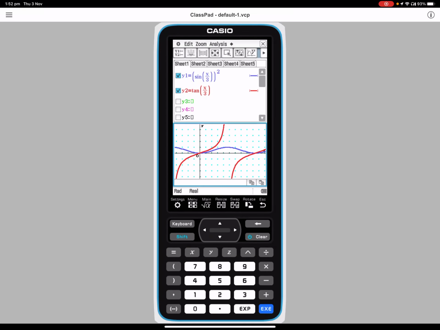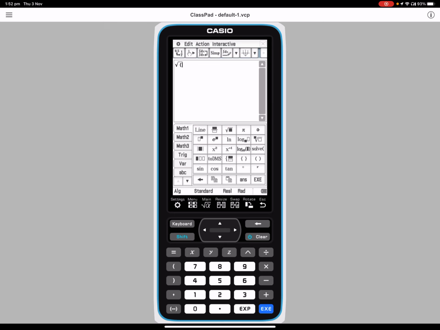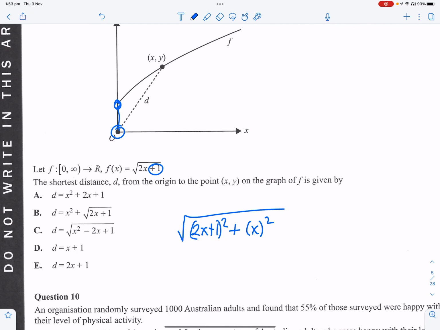So if I say the square root of 2x plus 1 square rooted squared, so we just get 2x plus 1, plus x squared, you get the square root of x plus 1 squared, which is D. But that's weird.